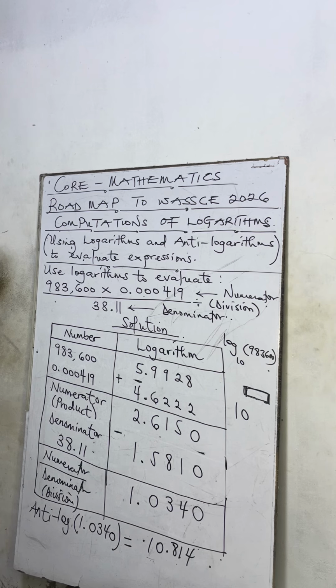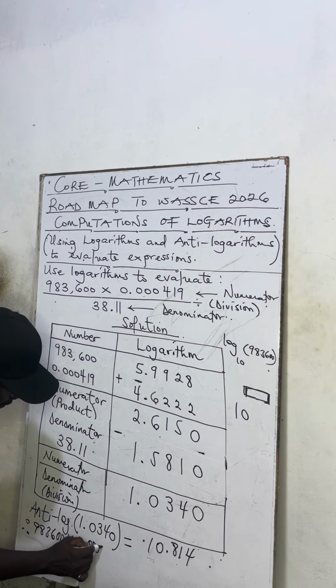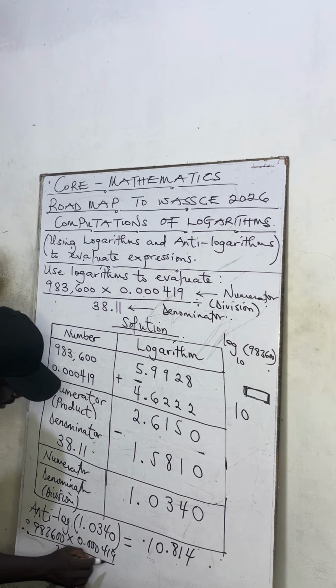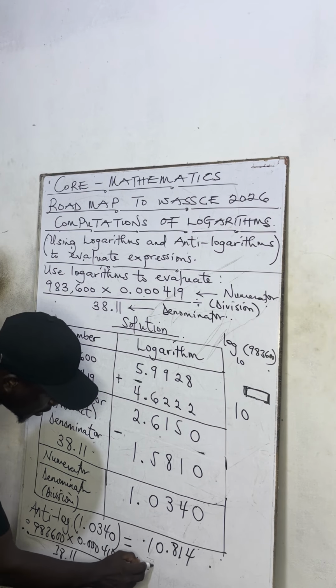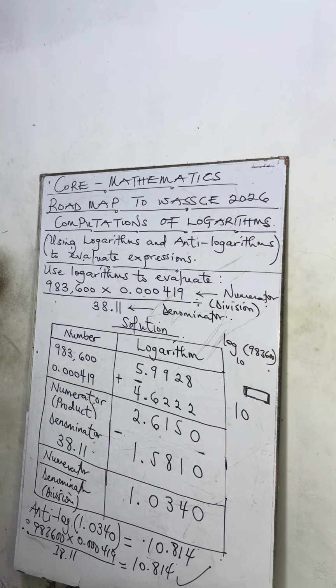So we can say that therefore 983,600 times 0.000419 all over 38.11 is equal to 10.814. And that is correct.